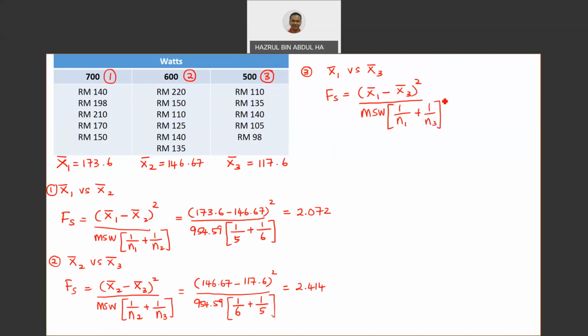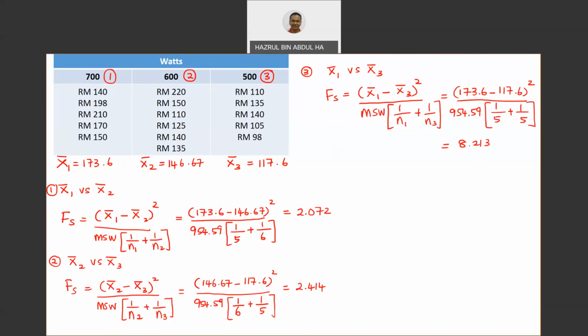So x bar 1 is 173.6 minus x bar 3, which is 117.6, squared, divided by MSW, 954.59, multiplied by 1 over 5, the number of samples in the first group, plus 1 over 5, also the number of samples for the third group. So this is equal to 8.213.